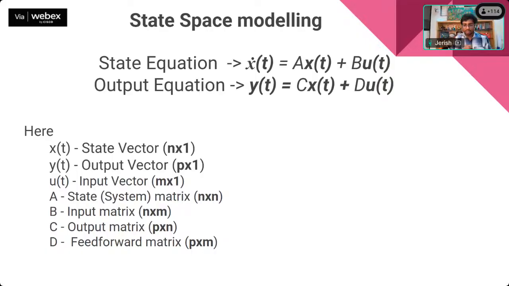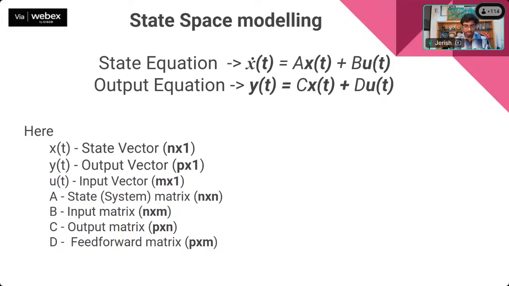You give an input to your system, the system varies the state of the system, and that state gives you a variation in your output. So it's an indirect way of changing the output. So in most cases this D matrix will be zero.